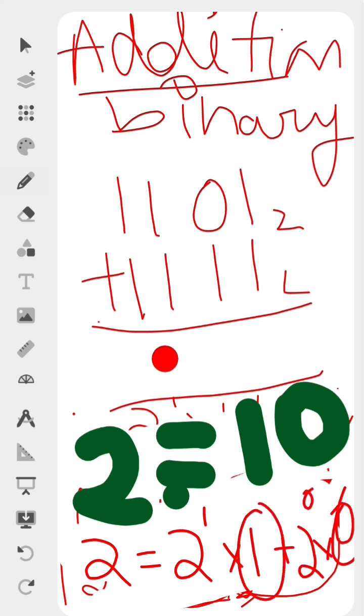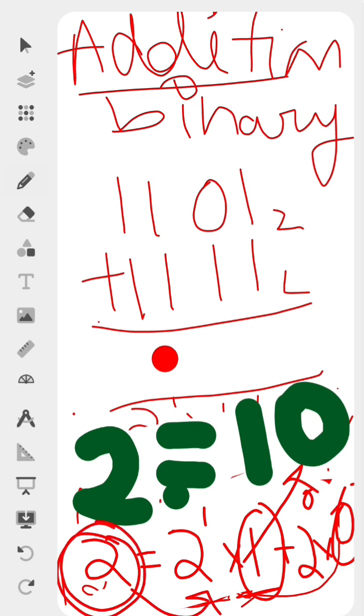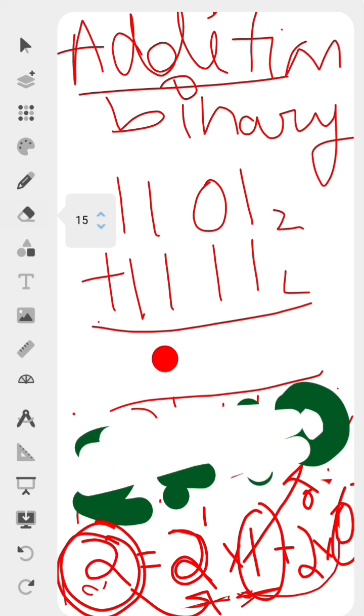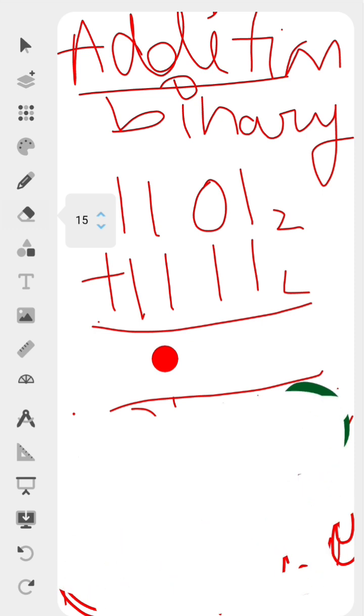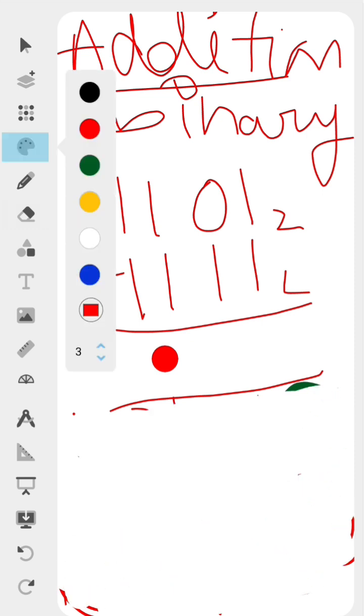So this is 1 and this is 0, and this is how this 10 is coming out. I'm converting this 2 into binary. If I have to convert a number into binary, I have to divide it by 2. Now we know that 2 is nothing but 10.